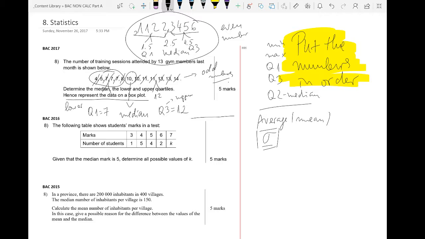What's that? This is the X line. Here are 7, 8, 9, 10, 11, 12, 13, 14, 6, 5, 4.